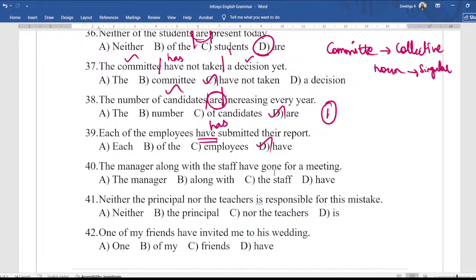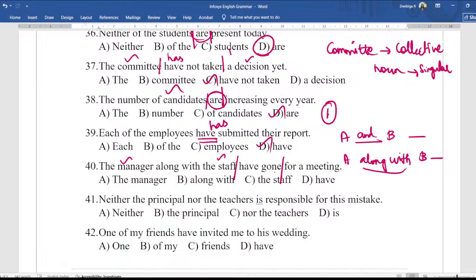Okay, the manager along with the staff have gone for a meeting. When you encounter these kind of questions, so when you see a person A and a person B, or a person A along with person B, what verb will it be followed by? You need to look at both of the subjects, the manager and the staff. If both are singular, you will use a singular verb. If both are plural, you use a plural verb.